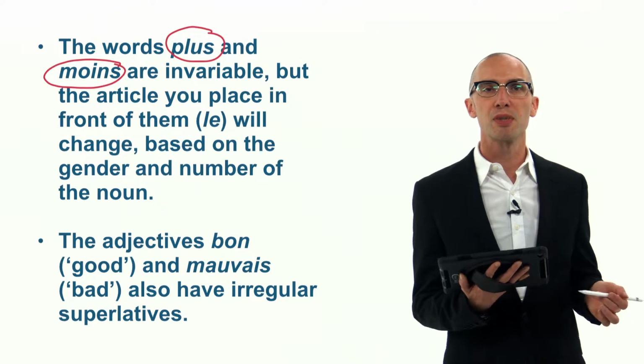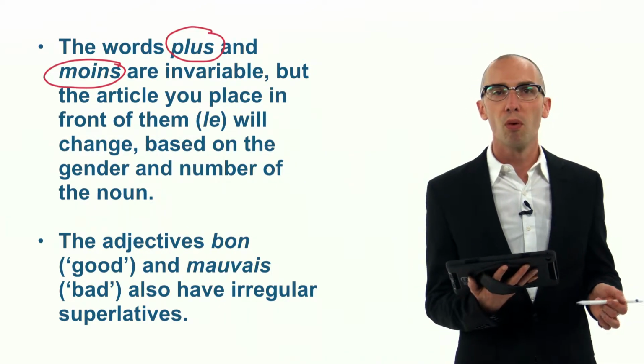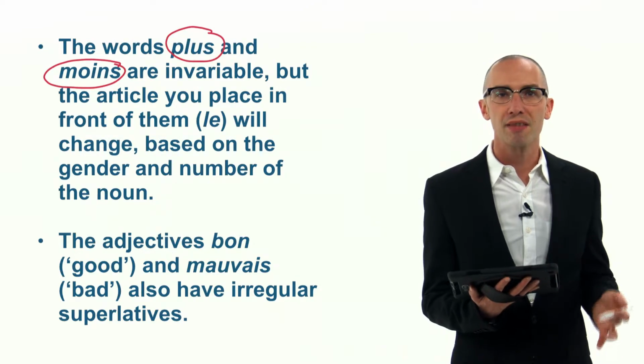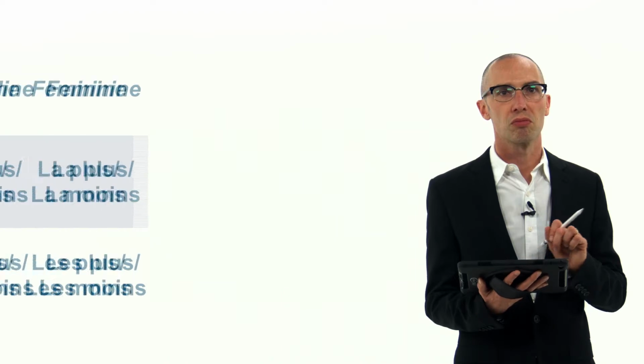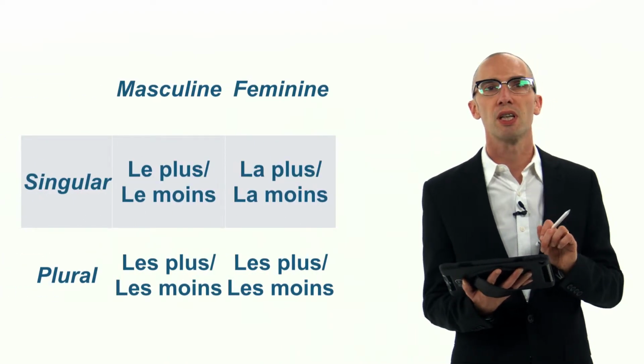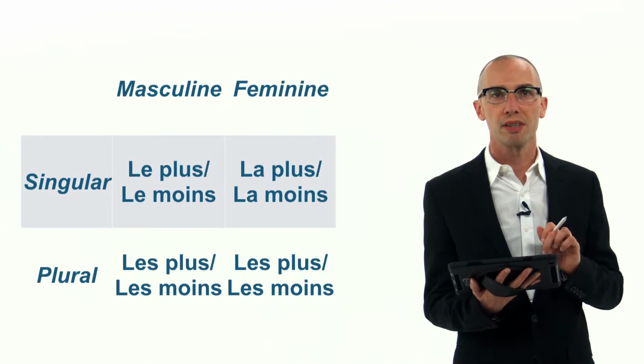And the same thing happens as what happened with the comparative. The adjectives bon and mauvais also have irregular superlatives. So I'm going to show you first the different structures that we have at the superlative.